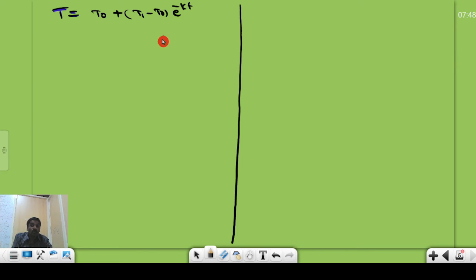But how to solve numerical problems? To solve numerical problems, Newton gave another approach. What is that approach? The average rate of cooling. Let me write that formula.